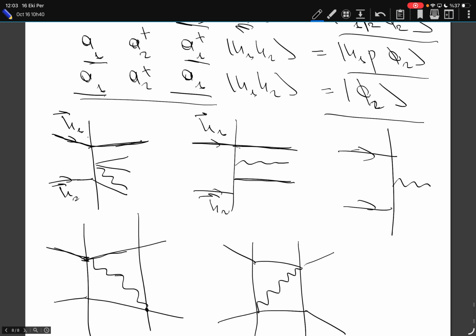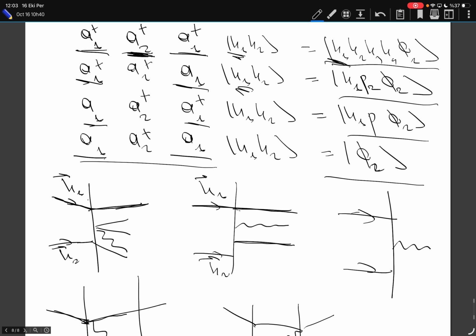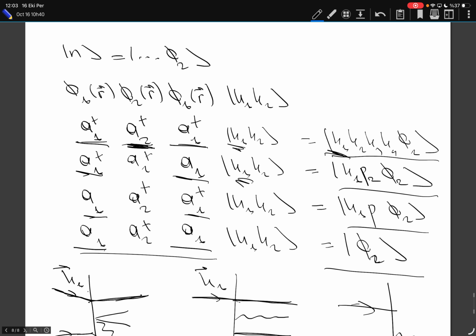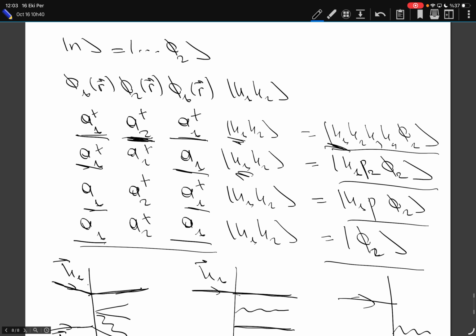Don't give too much meaning to these pictures. They're just pictures that help us remember what the mathematical expressions are. Okay, so, at least at this step, I don't see too much simplification.